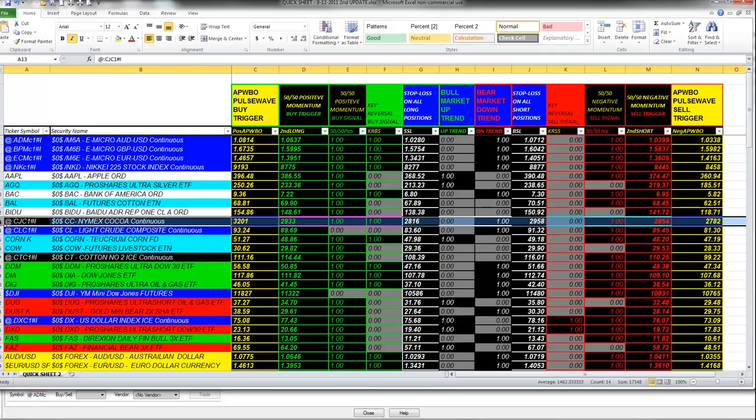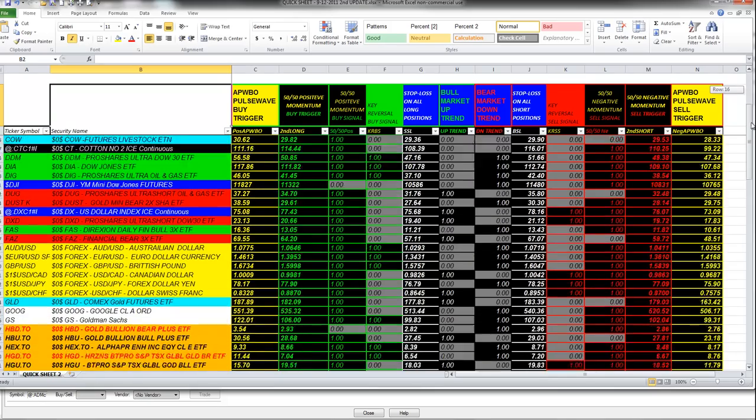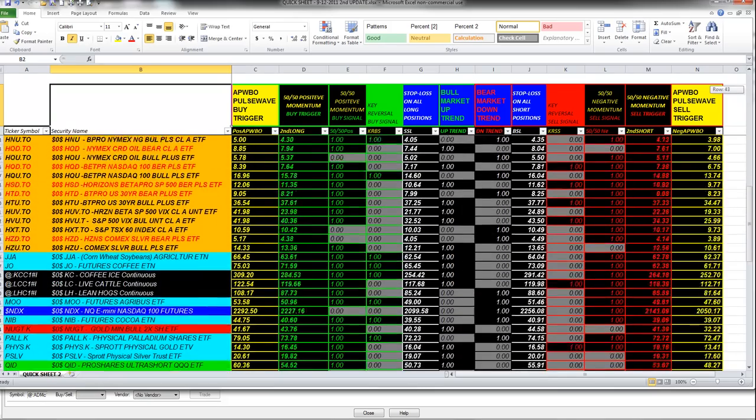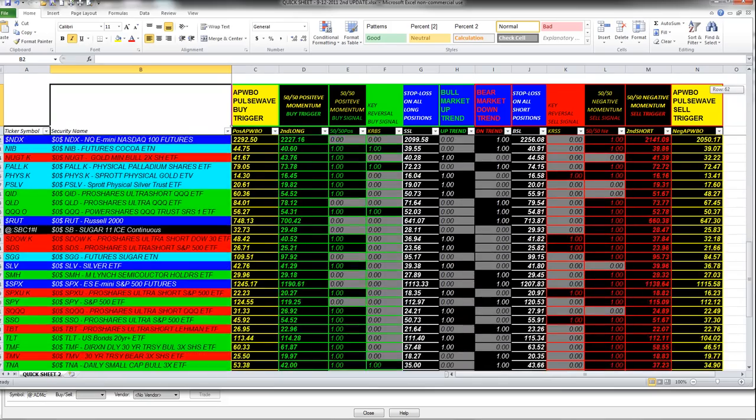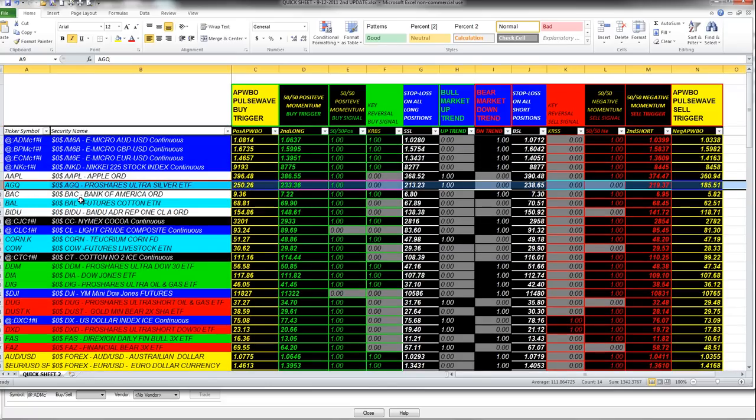The next ones that are in black and white are your commodity futures, like cocoa, cotton, corn, coffee, sugar, those things. Then the ones highlighted in blue are your commodity ETFs, such as gold, silver, cotton, and corn.